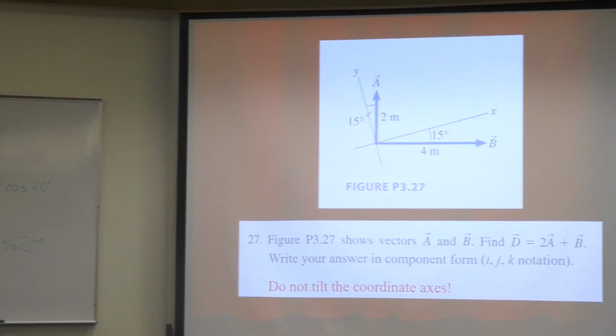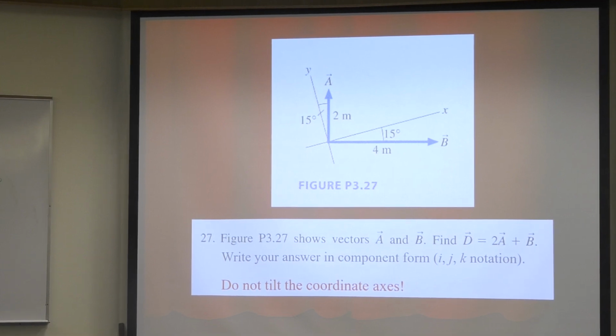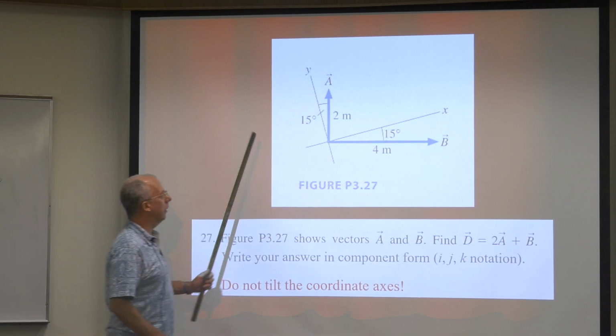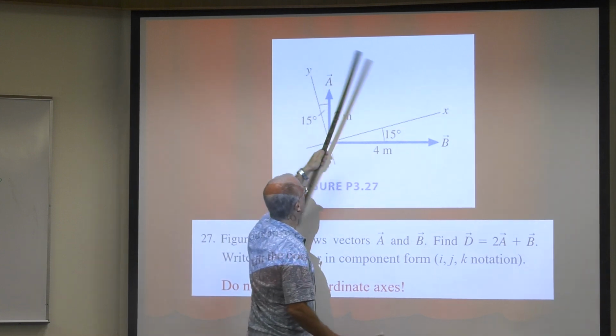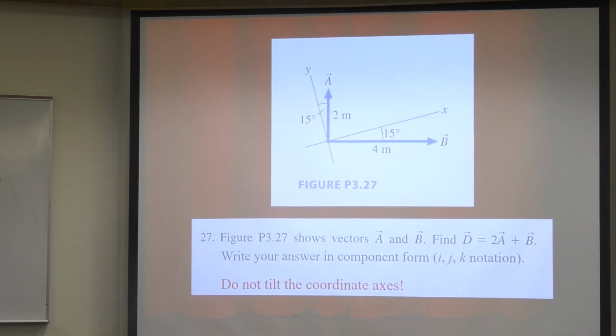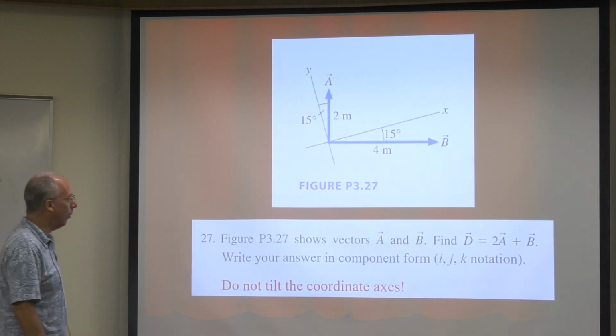Now this is a homework problem, and I want you to do it. If you could work with other people, that would be great. So here's our coordinate system. And I don't want you to tilt coordinate axes. Don't tilt them. This is practice in getting components right.